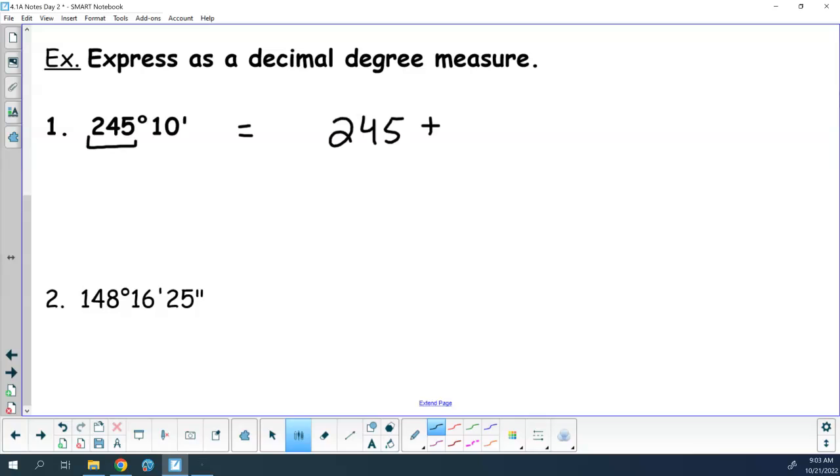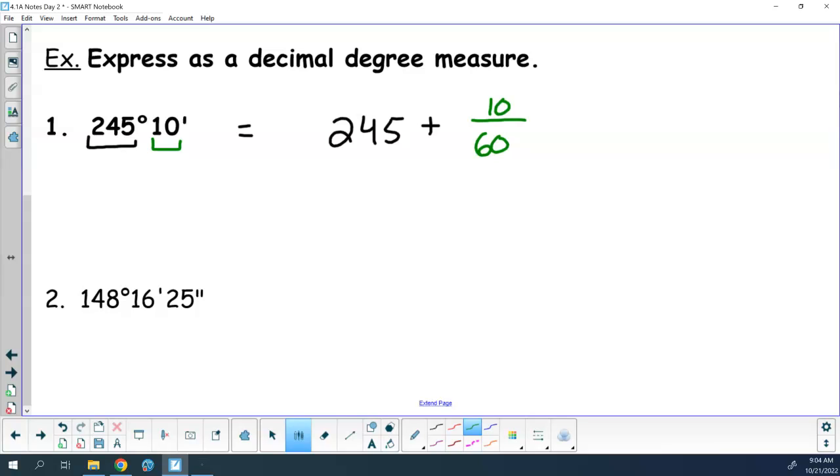So you've got 245 degrees, it's going to be 245 degrees. Then you take the minutes part. So I've got 10 minutes. Well, 10 minutes is 10/60ths of a degree. Now they're in the same unit. Because if 1 minute is 1/60th of a degree, then 10 minutes is 10/60ths of a degree.